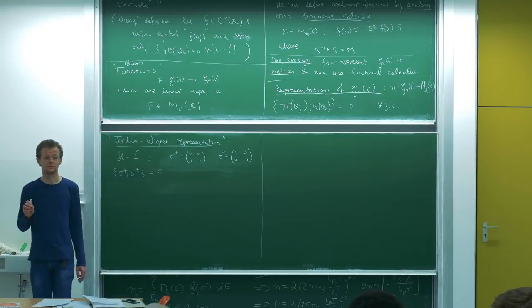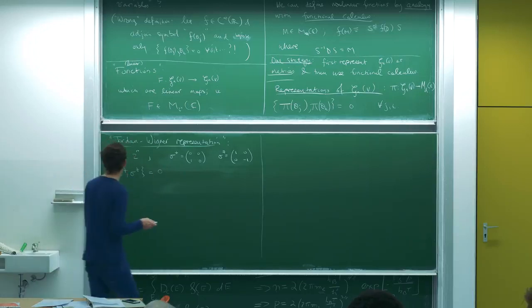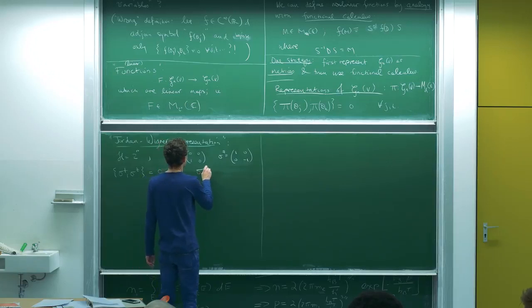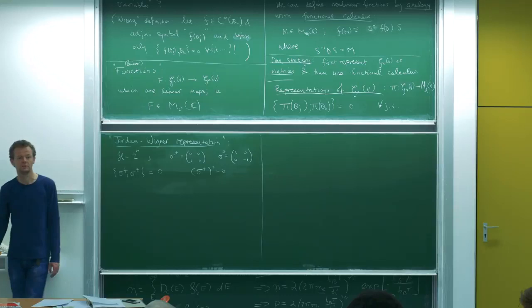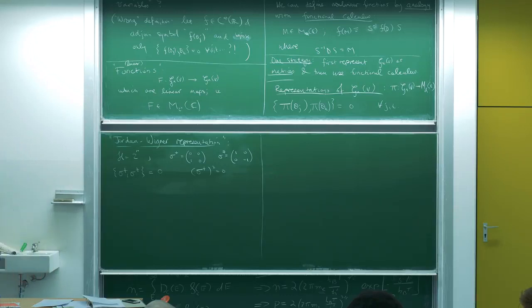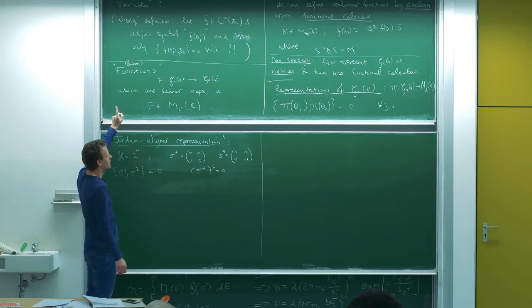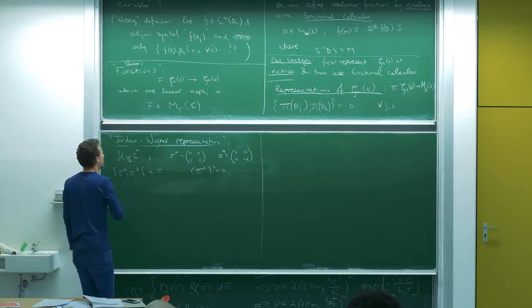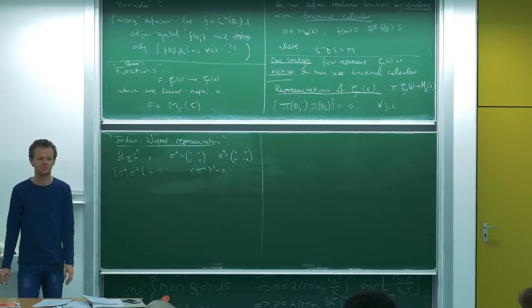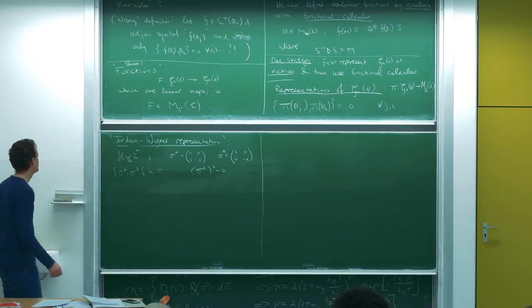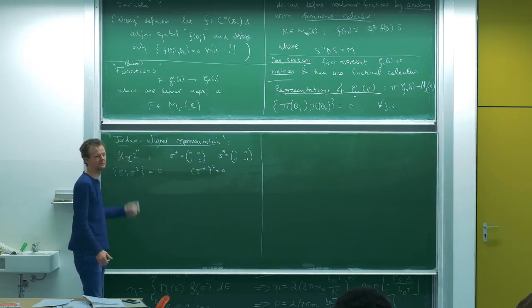And you can also check that sigma plus squared is 0. So these are very interesting properties for our representation. What do I mean by this? I mean that the dimension of the Hilbert space is 2 to the n.